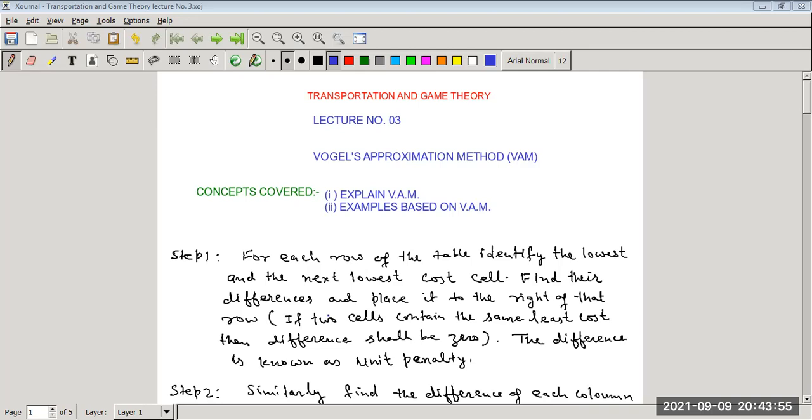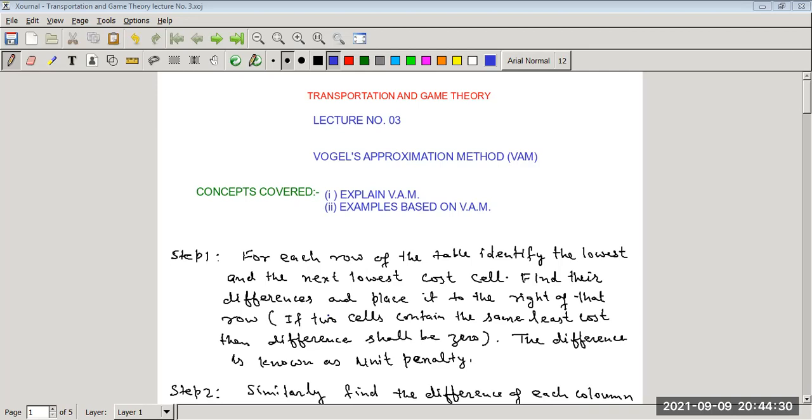This method gives us a better initial basic feasible solution as compared to the northwest corner method and the least cost method. So we prefer Vogel's approximation method to find the optimal solution. We will discuss the various steps of how we can solve a transportation problem by using Vogel's approximation method.